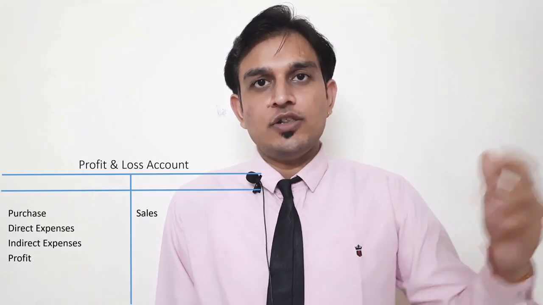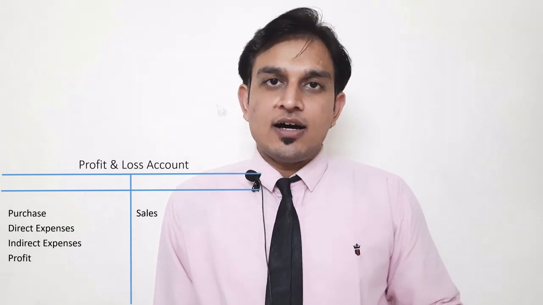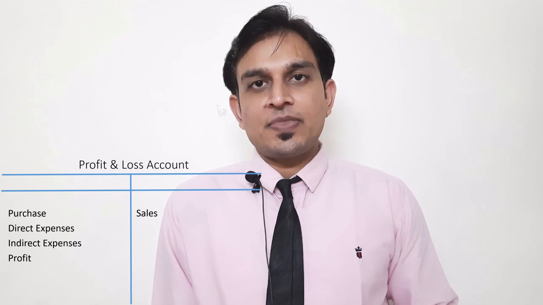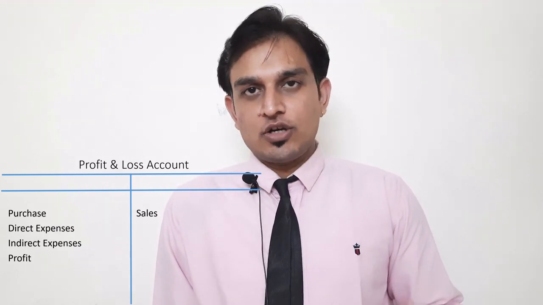So the components of the profit and loss account or income statement are sales, or what we call the revenue, the purchase, what we call the cost, and two other components, direct expenses and indirect expenses. And as the result of that, we get the net profit or net loss.